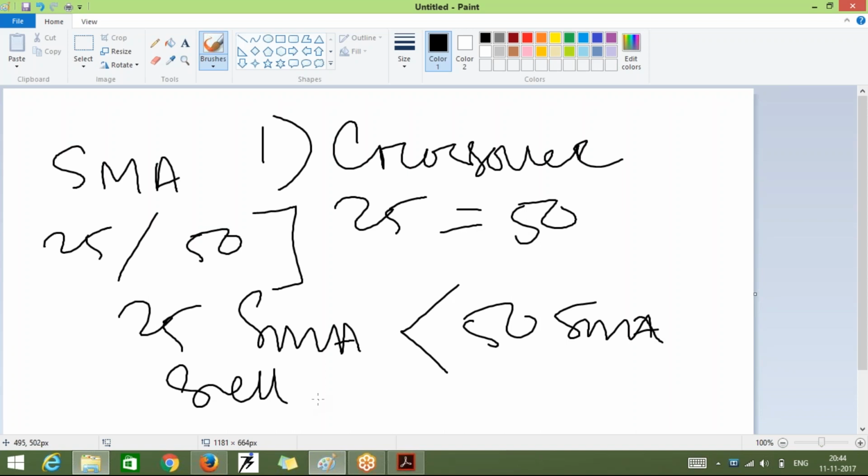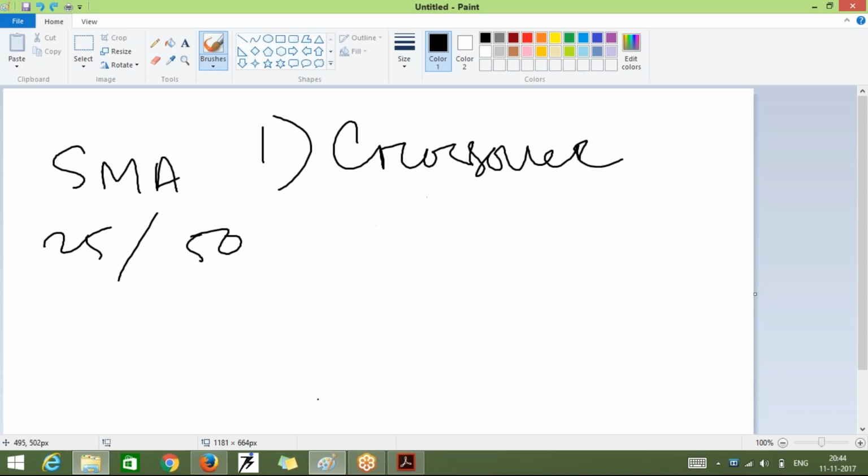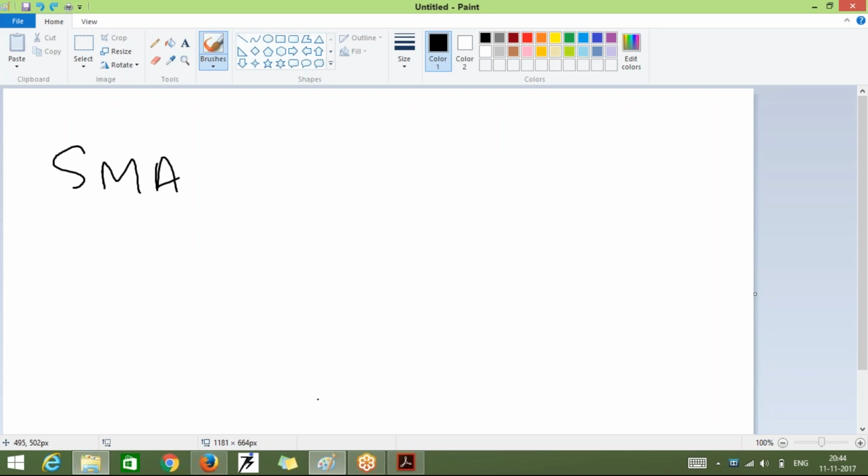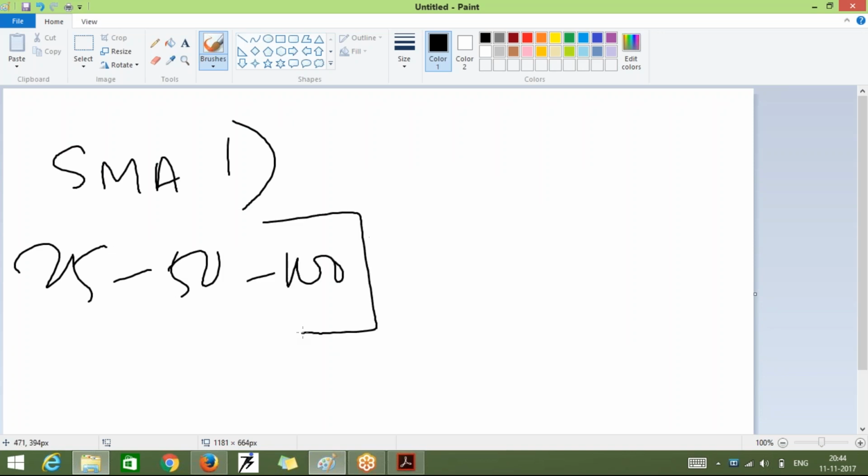Now one more thing I forgot to mention is that we need to see the relation between 25, 50 and 100, all these things. So how we act is like green for lower SMA and red. The color actually depends upon you. How do you choose the color?